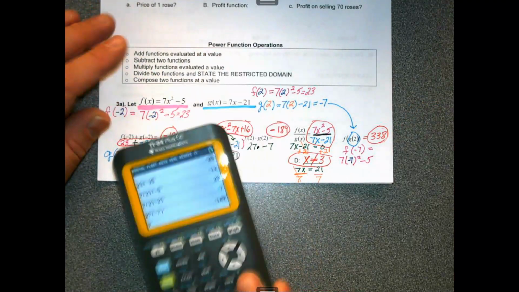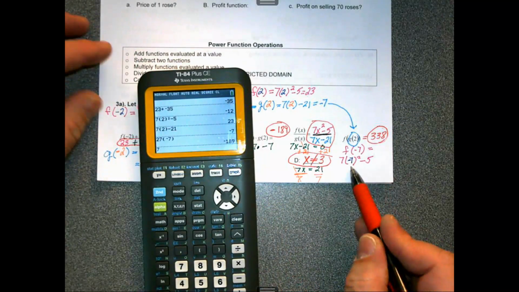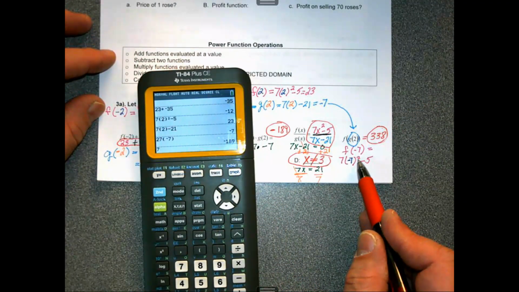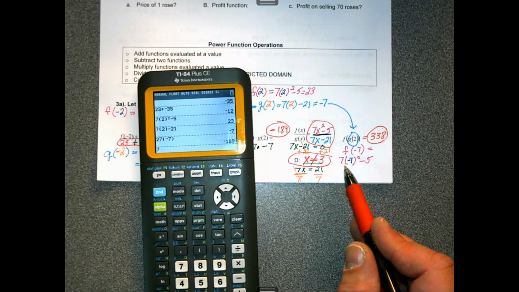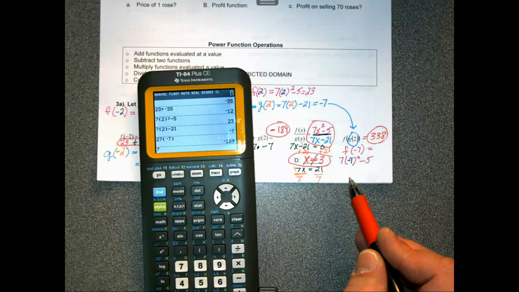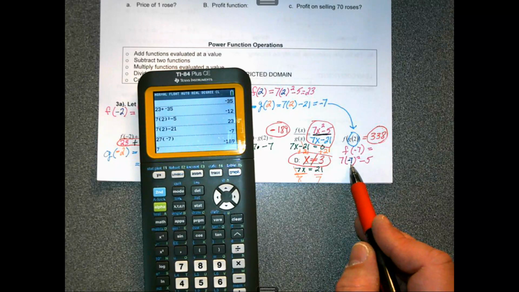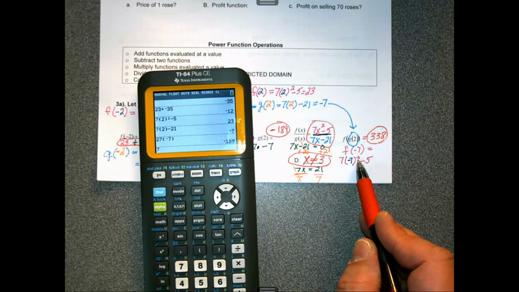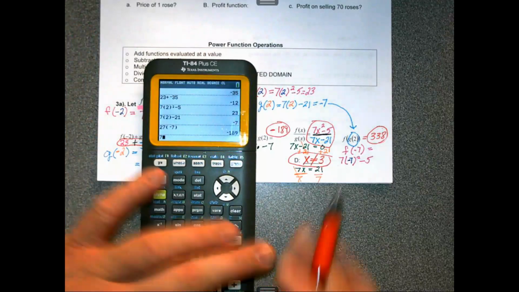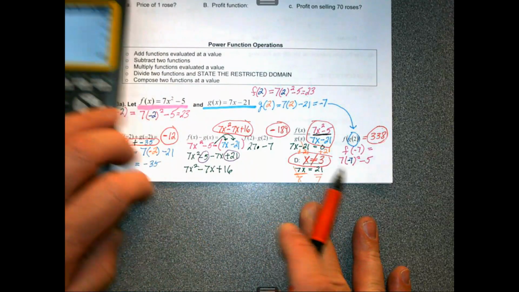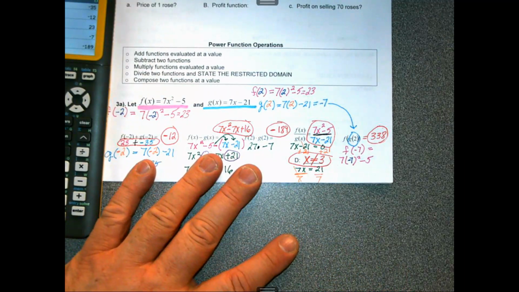Wait, isn't negative 7 squared...? Whenever you square a number, it's always going to be positive. But we're going to see 49 though? Nope. PEMDAS. Parentheses, exponents, then multiplication and division. You look confused.